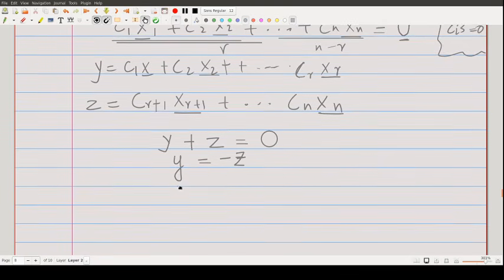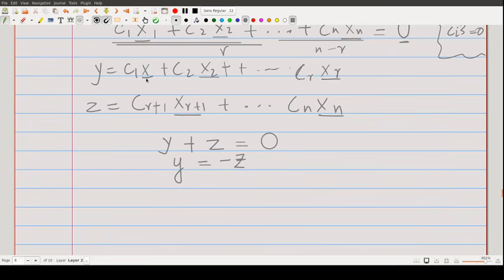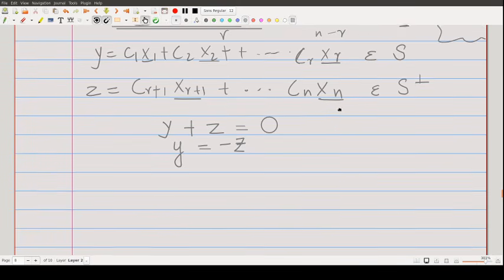Now this is something strange, because y is just a combination of the first r vectors, which means it should be in S, and z is a combination of all of the rest of them, which means it should be in the orthogonal complement.